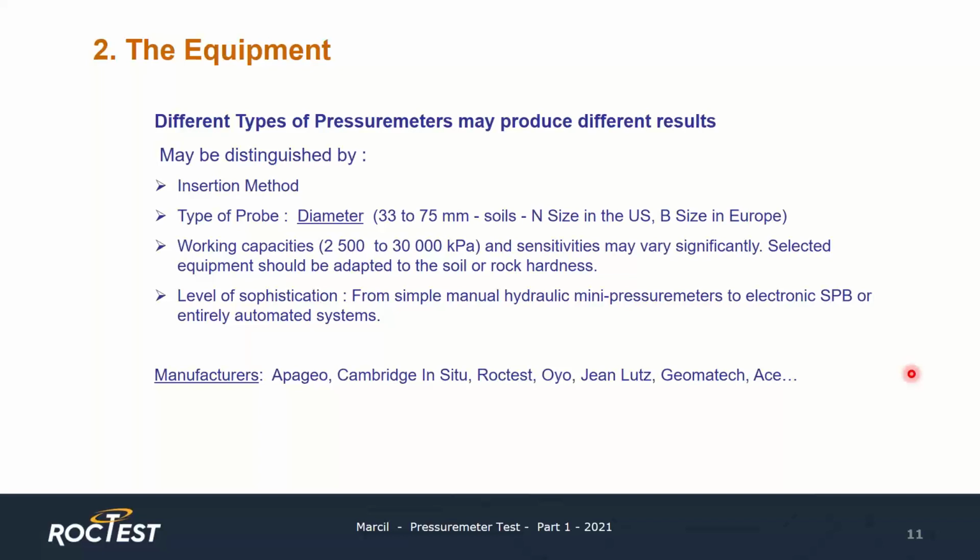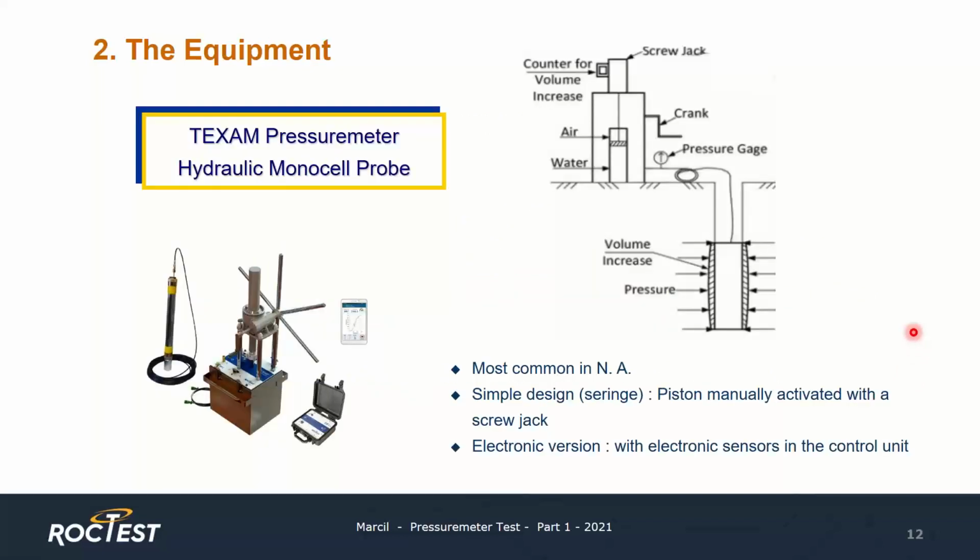So I will try here and in the following session to describe and to clarify these differences. I will now explain how these pressure meters work, starting with the most commonly used models in North America and moving on to the less commonly used ones.